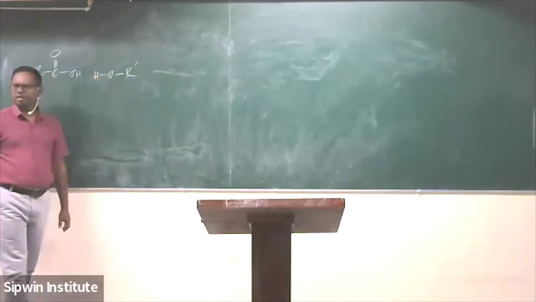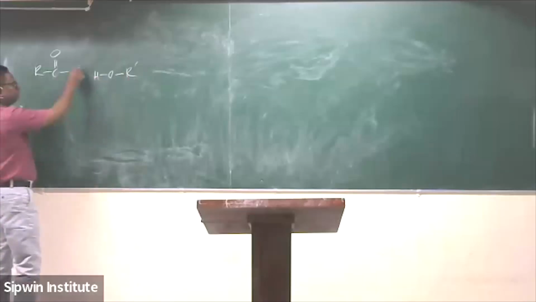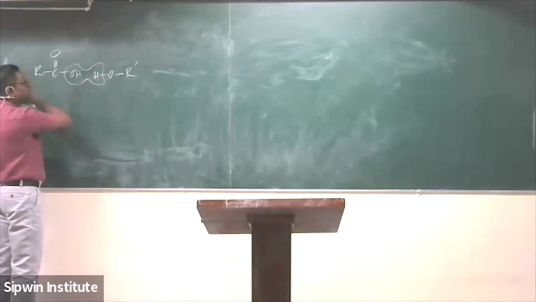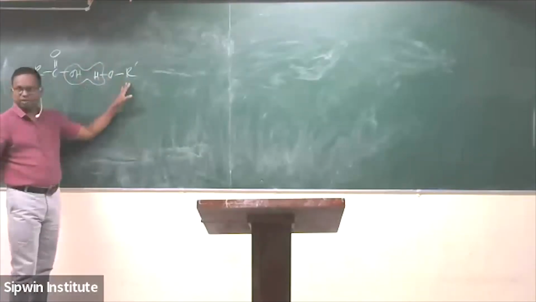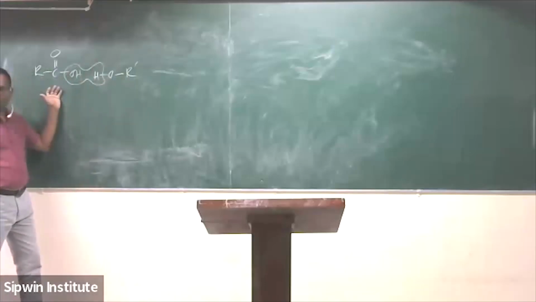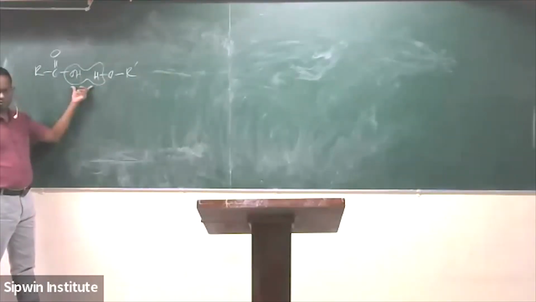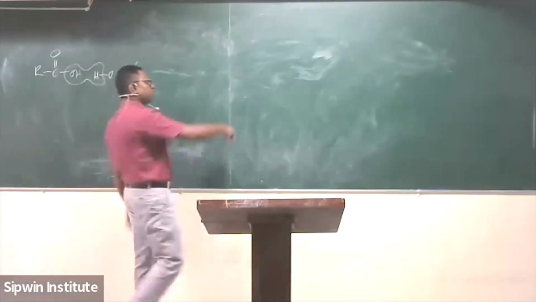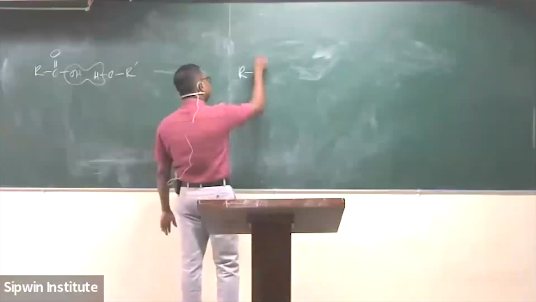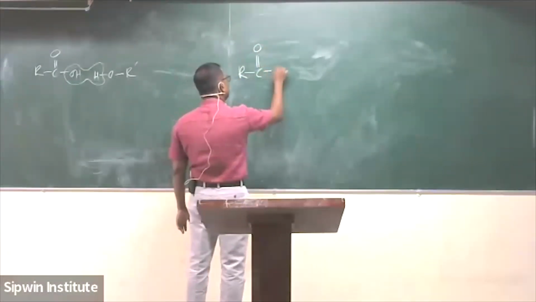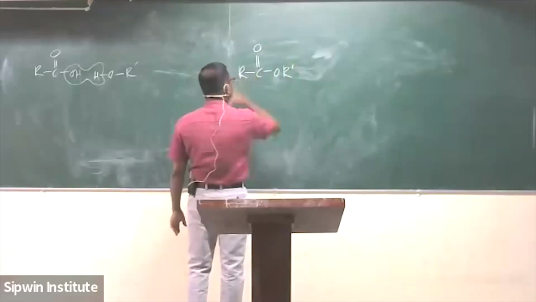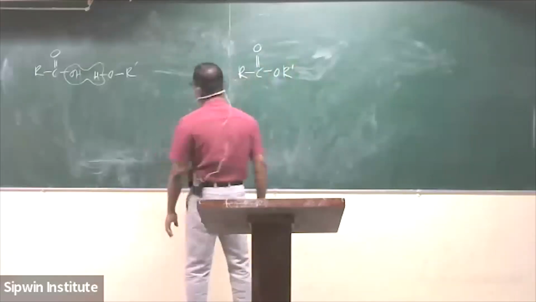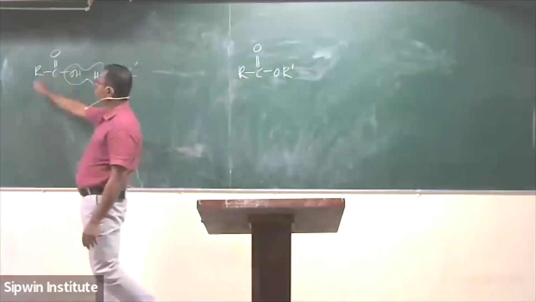From the carboxylic acid the OH group is removed, and from the alcohol the hydrogen; you can learn this later in organic chemistry. Then RCOOR', an ester, is produced: R, C double bond O, OR'. The R' are alkyl groups.